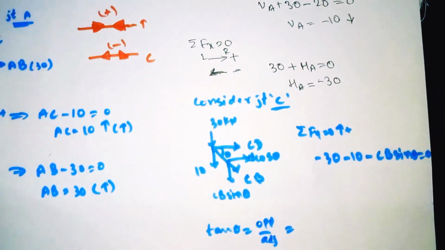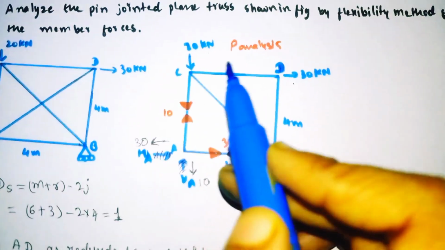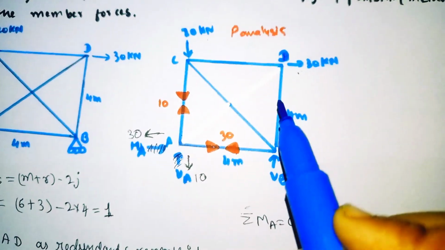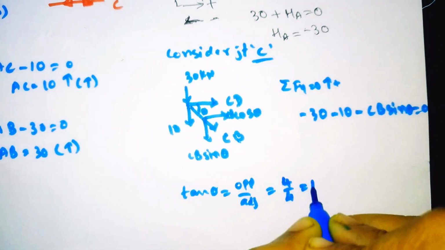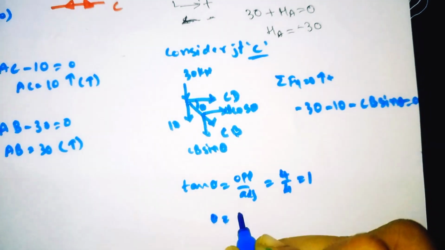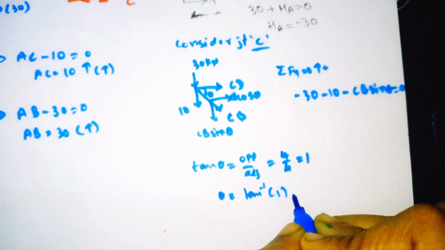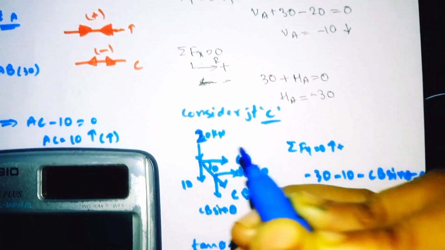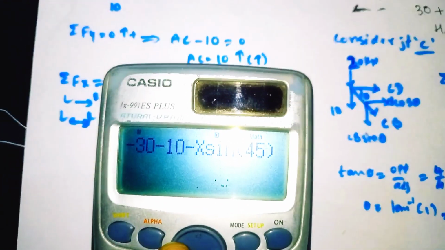Here the distance is 4 meter and also 4 meter, so tan theta is equal to 4 divided by 4, which is 1. So theta is equal to tan inverse of 1. See here it is 20 kilonewton, not 30, so make it 20, and here also make it 20.